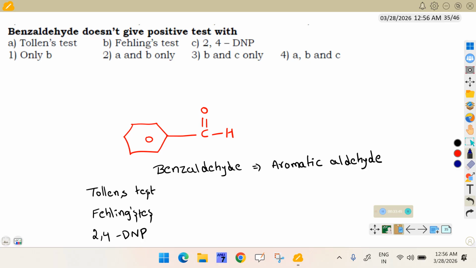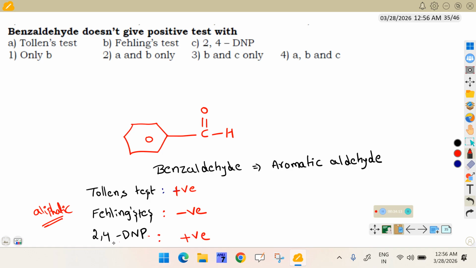Benzaldehyde does not give positive test with which reagent? This is benzaldehyde structure. Benzaldehyde is an aromatic aldehyde. Yes, Tollens reagent gives positive test. Fehling's reagent gives negative test. Only aliphatic aldehydes give it. 2,4 DNP gives positive test.